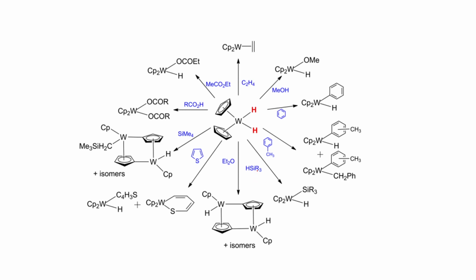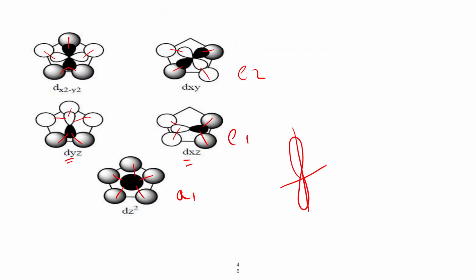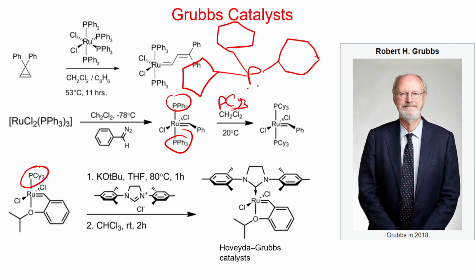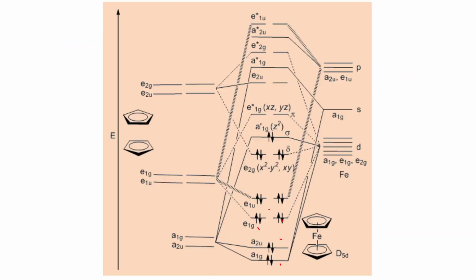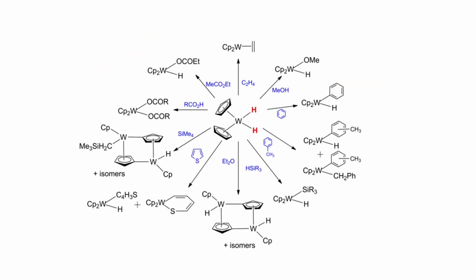So when nucleophiles are used, what we are seeing is formation of hydrogen and the nucleophile is incorporated as a functional group. And with this, what we have initially talked about, the bimetallic half-sandwich kind of molecule, that also can be formed for this tungsten. So with ether, this kind of bimetallic complex can be formed.